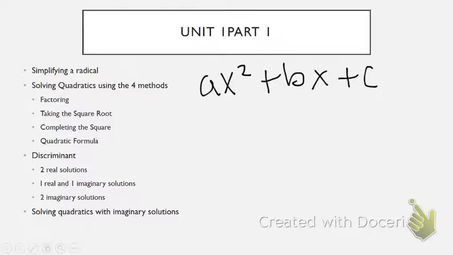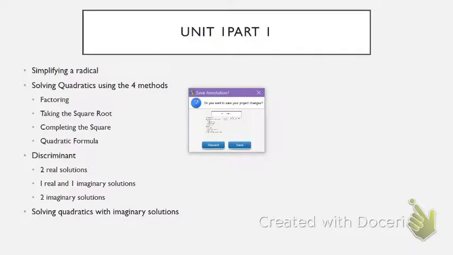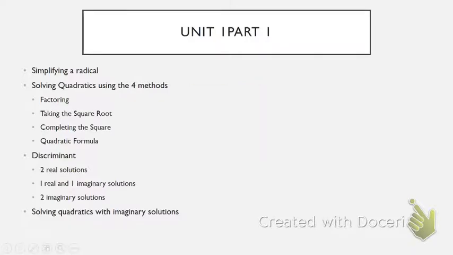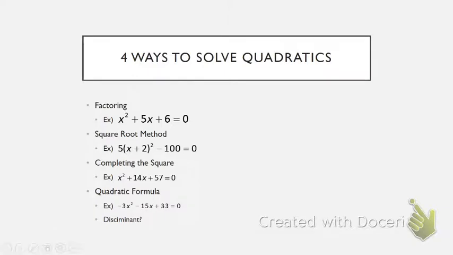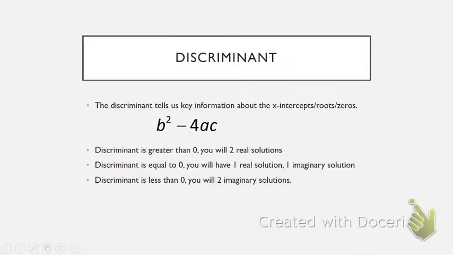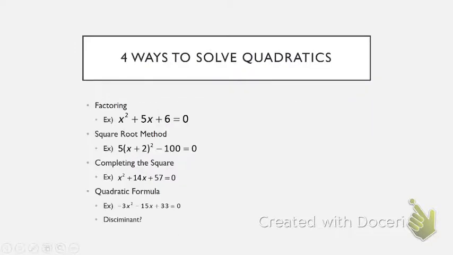Now, the next slide, let me exit out of that. The next slide, we are going to talk about and go over the 4 ways of solving these quadratics, okay? So factoring, this right here, this x squared plus 5x plus 6 can quickly be factored to 2 sets of parentheses, x.